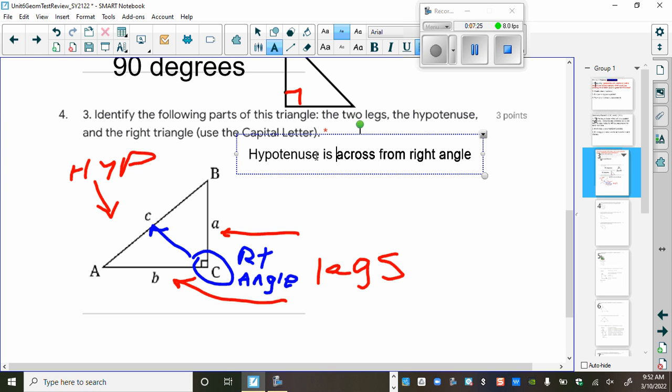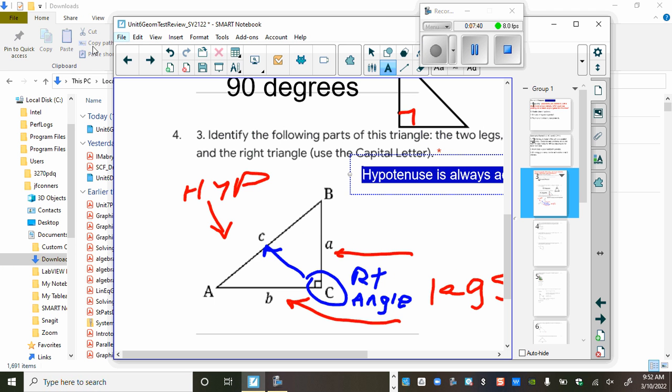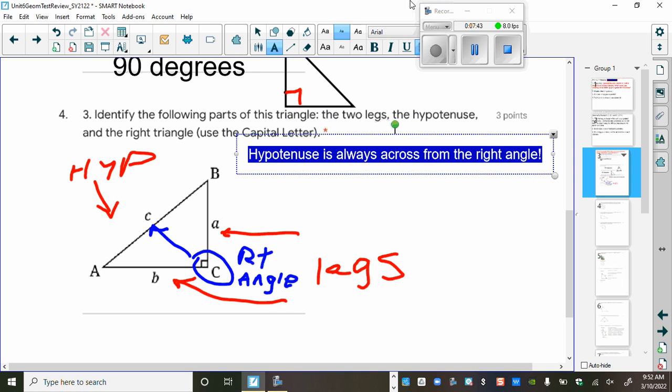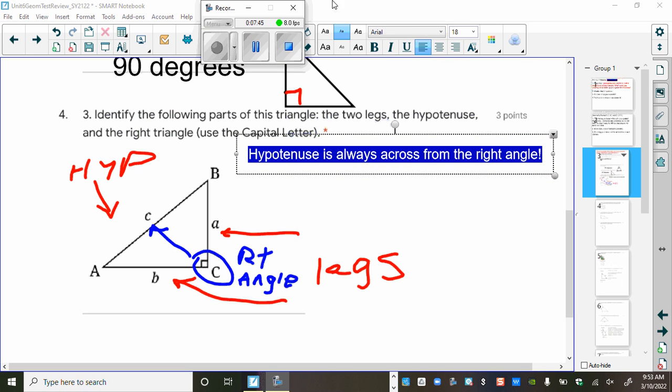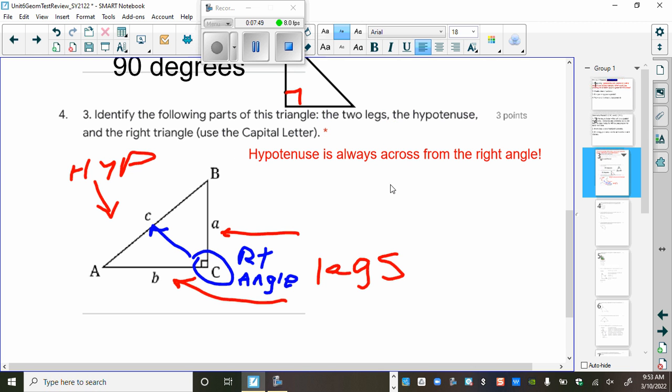It's always across, always and forever. Sorry about that. All right, questions? So that's given stuff. Again, you don't have to write it, but just be aware: the hypotenuse is across from the right angle.